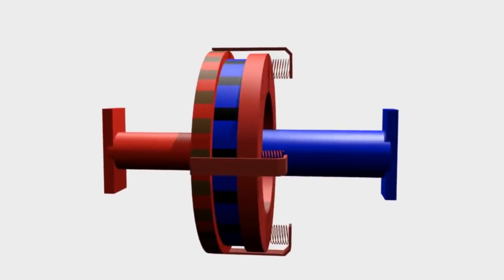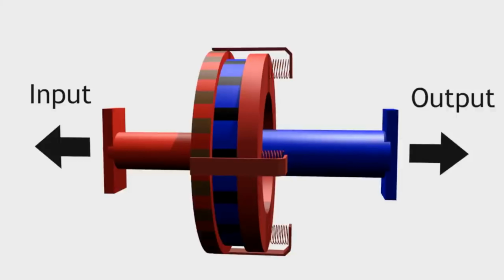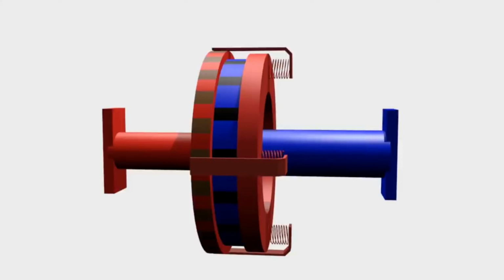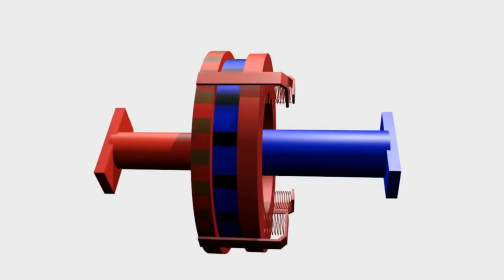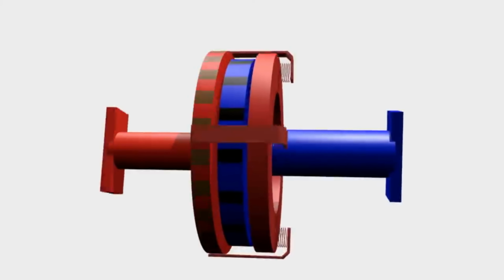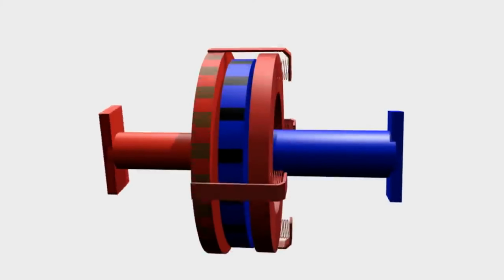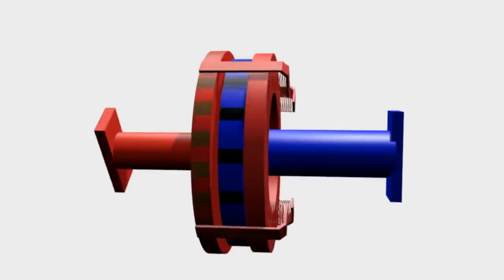There are 3 plates. The red plate is connected to the input shaft, while the blue plate is connected to the output shaft. If the red plates clamp the blue plate, the power from the input is passed to the output. But if the plates are stretched apart, the input power is cut off. That is the basic principle of the manual clutch.